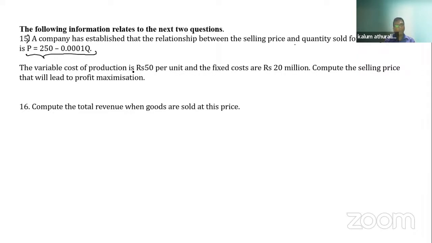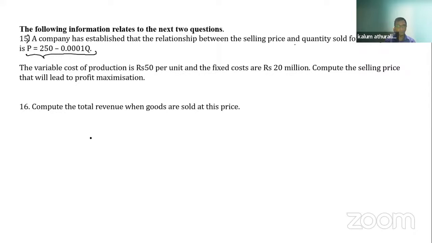The variable cost of production is 50 rupees per unit and the fixed cost is 20 million. Compute the selling price that will lead to profit maximization. Now we want to find the price when the profit is maximized.